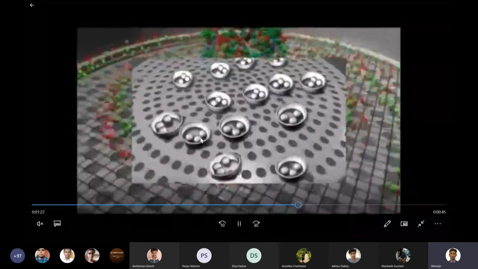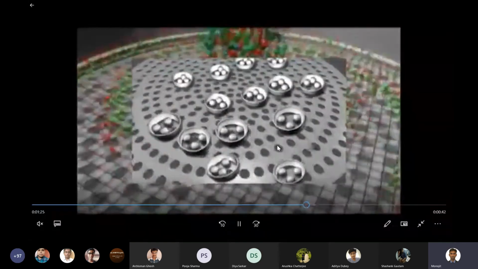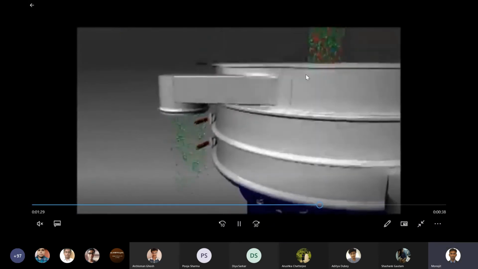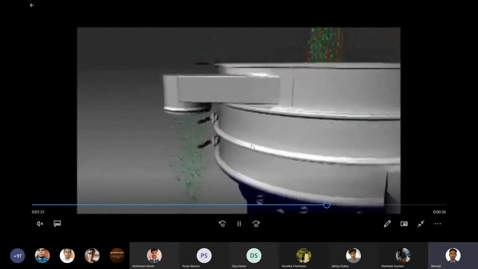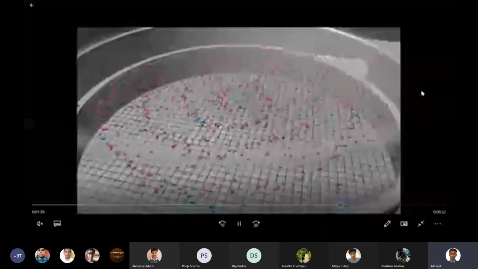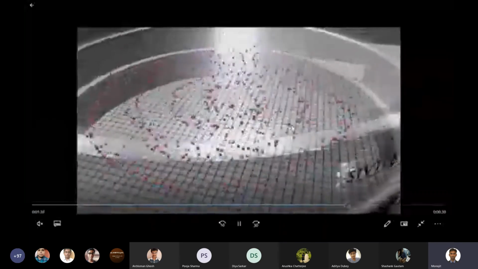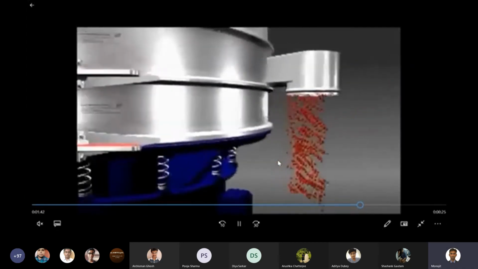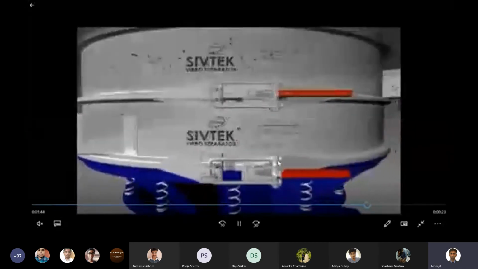So the bigger particles will go to one side of the screen and be taken out, and the smaller particles will go down, and again it will do the same using the gyratory motion. Again those particles will be taken out from one side of the next screen. It's the same phenomenon that will happen in every stage, and you will get particles separated based on their size.